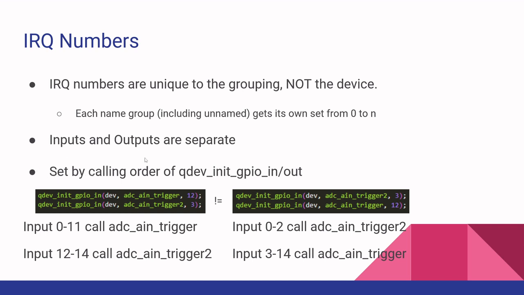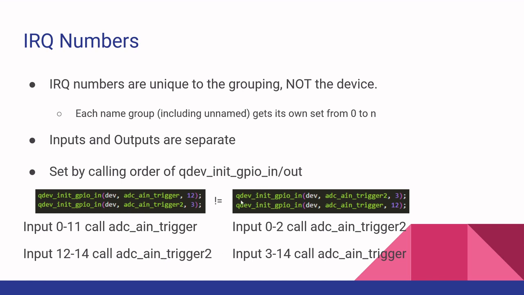Keep in mind that these are set by calling order. So in this example, we have created 12 input pins that do the ADC AIN trigger, and then 3 more that do trigger 2. In this case, we have input pin IRQ numbers 0 through 11 that call the ADC AIN trigger, versus 12 through 14, which call ADC AIN trigger 2.